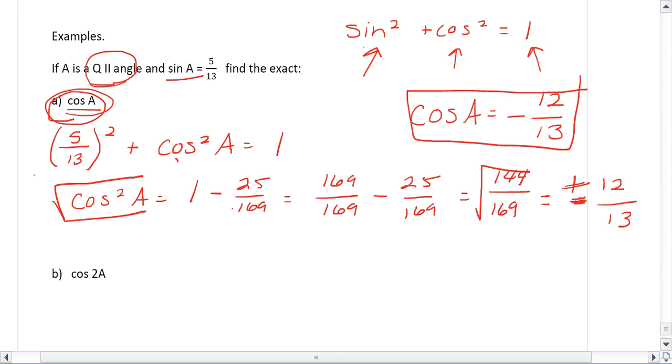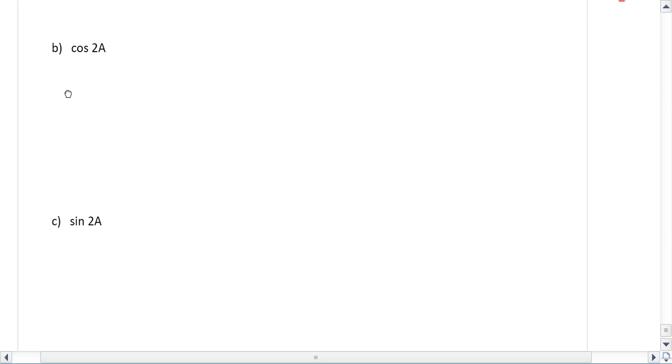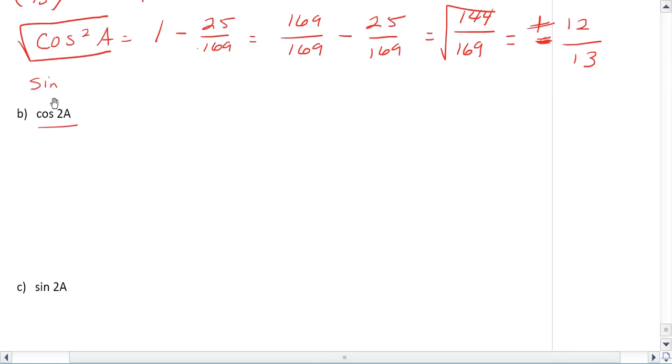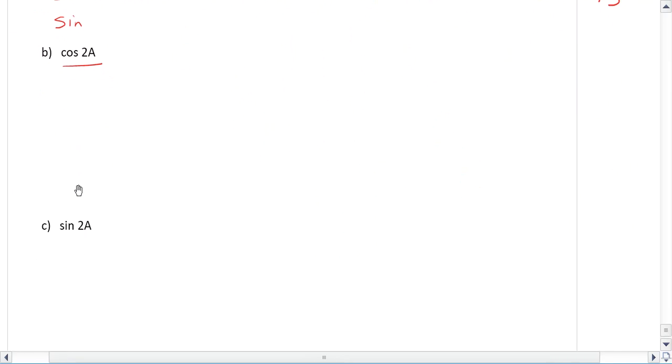So now moving on, we're asked to find the cosine of 2A. So look at what we want. We want to find the cosine, and the known information we have, I'm just going to write it here again. We were given up here that the sine is 5/13. So I'm just going to write that here. Sine is 5/13.